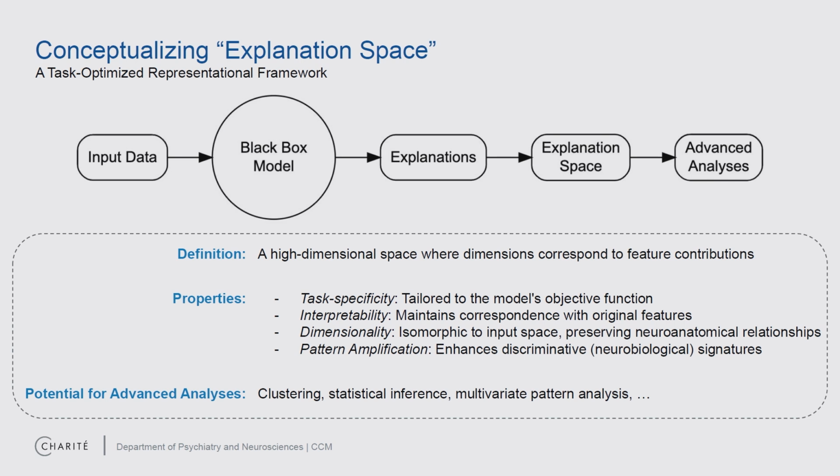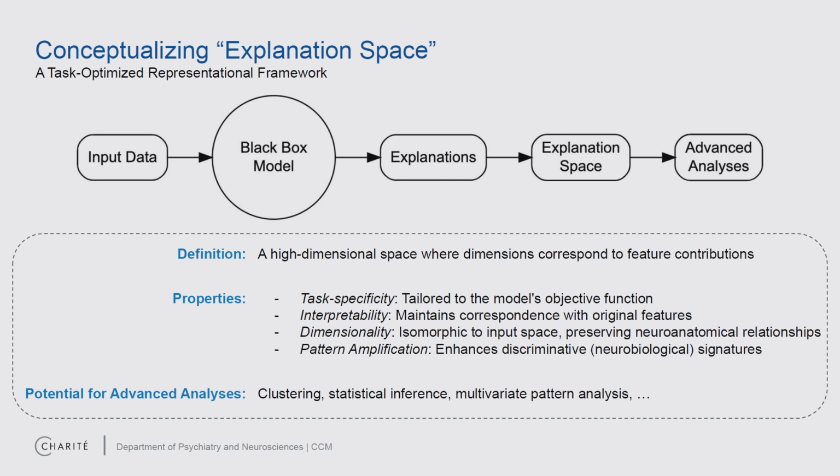The space of potential explanations that you get given a trained machine learning model. For instance, if you have a brain age prediction model based on T1 brain images, and you pass all your brain images through the explainer, you're going to get a new data set in brain age explanation space, if you will.